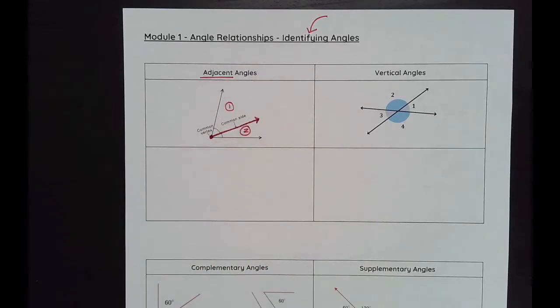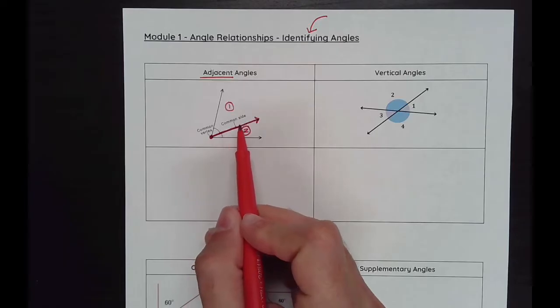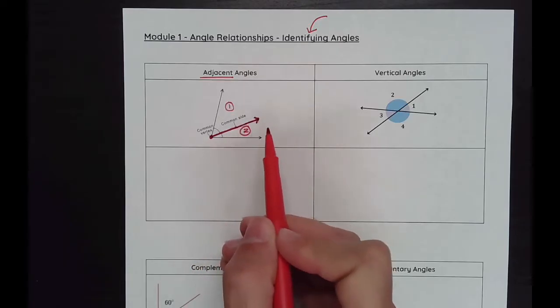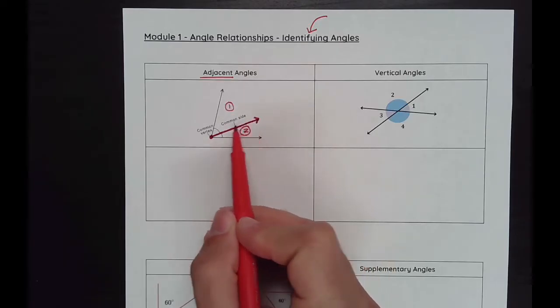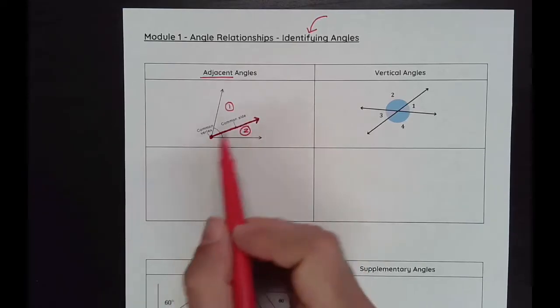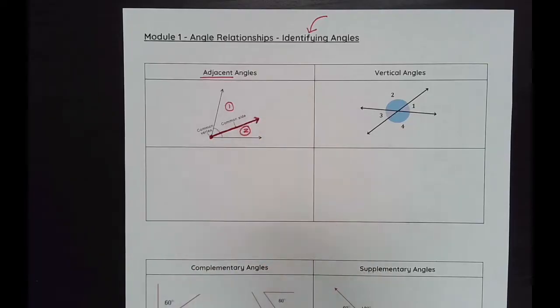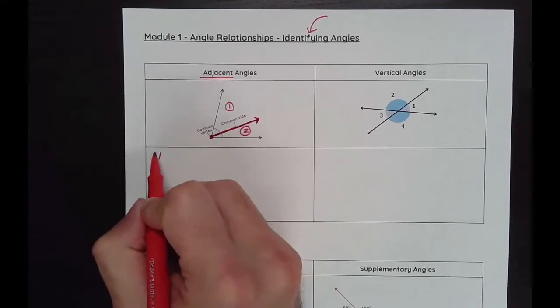Angle 1 and angle 2 are considered adjacent angles. Again, they share this side, this red ray. I need that one to make both angles. So whether I'm talking about angle 2 or angle 1, I'm going to trace that red line twice.